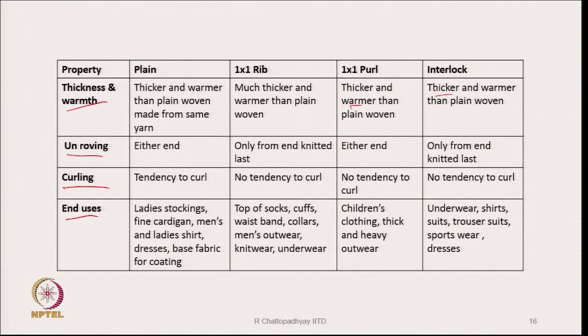Interlock is thicker, purl is thicker, plain is also thicker, and reeve is much thicker than the others. So, these comparisons of the various properties are going to help us in choosing the right type of fabric.